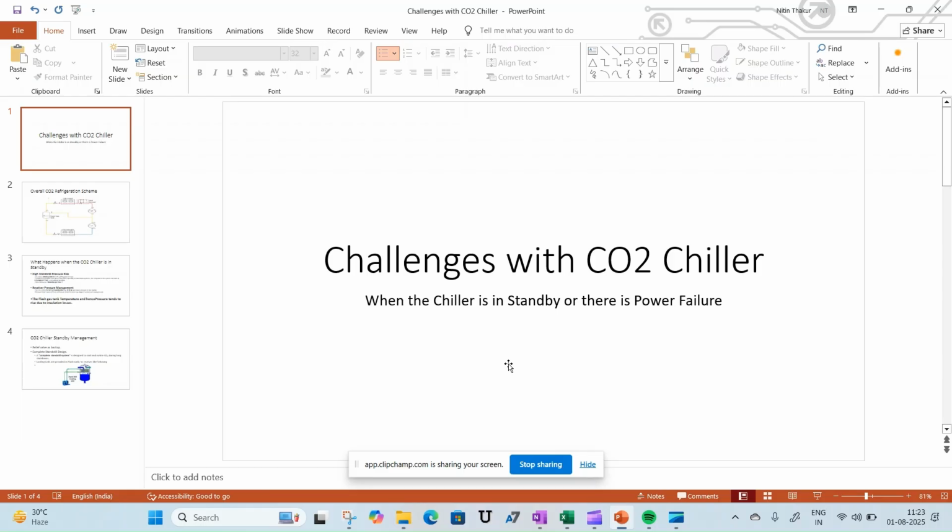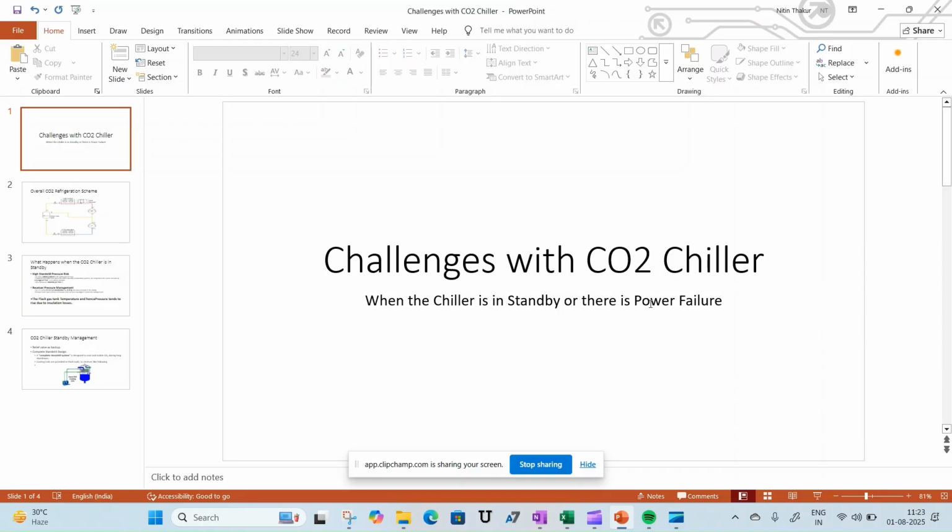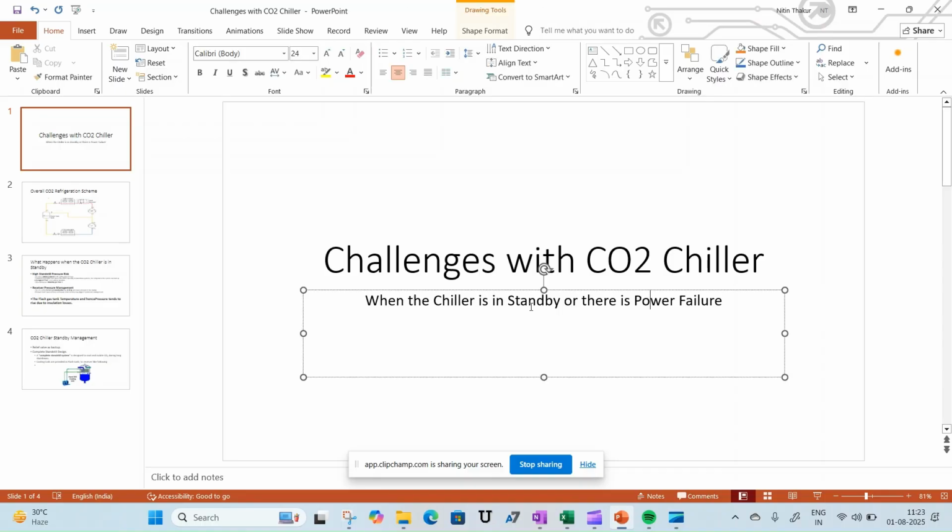And I'm just considering one particular scenario: if there is a power failure or if the chiller has to go in standby for, let's say, a couple of days, then what are the things that need to be taken care of in design context.